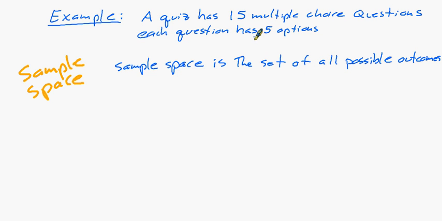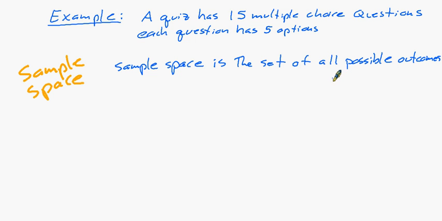Well, you could get all 15 right. Wouldn't that be great? You could get 14 right, or 13, 12, 8, 7. What's the whole range? Well, you could get down to 0. It doesn't make sense that you could go negative, and it doesn't make sense that you can go bigger than 15. So we have a very nicely defined set of all possible outcomes.